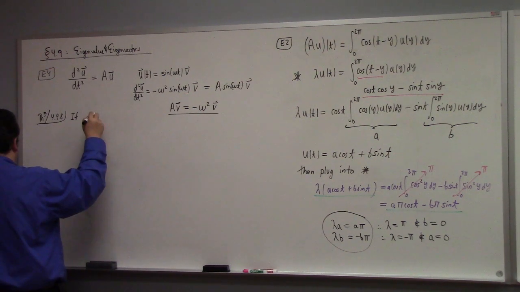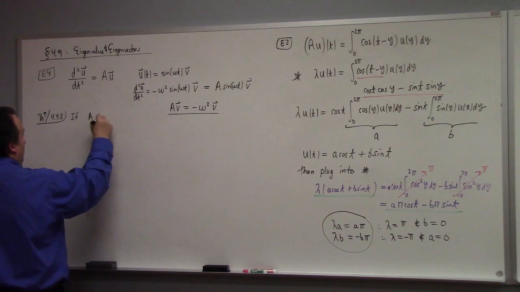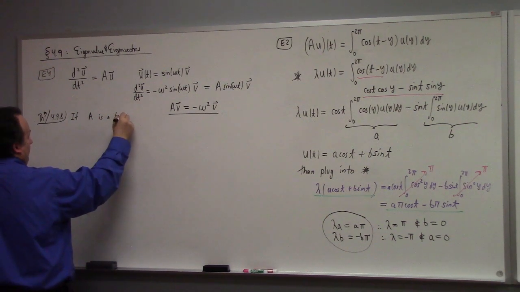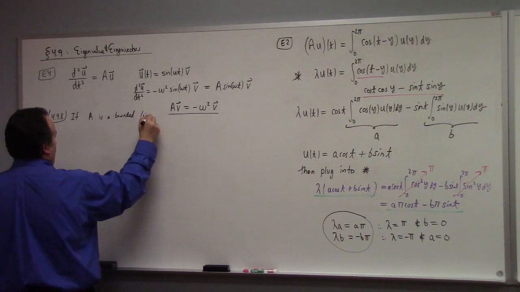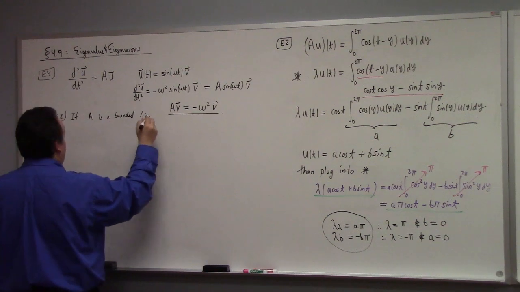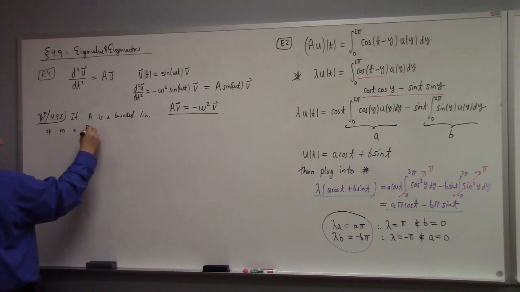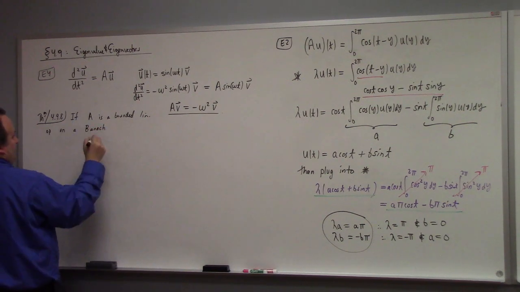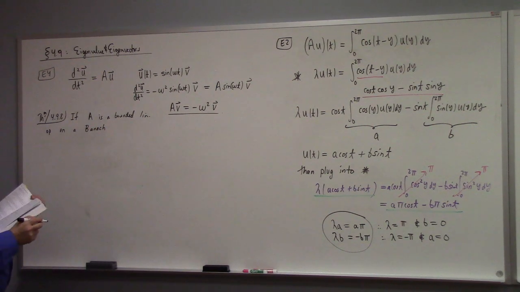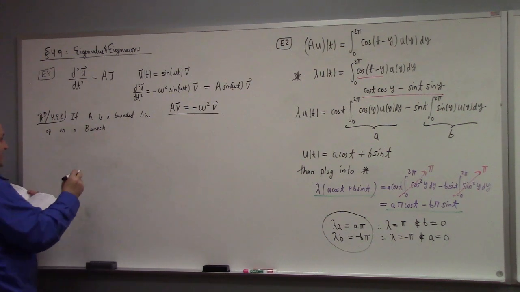Let's see, if A is a bounded linear operator on a Banach, man, we got everything in here, don't we? We started with a complex vector space, then we're talking about a Hilbert space, now we're talking about Banach space. We just got it all, right?